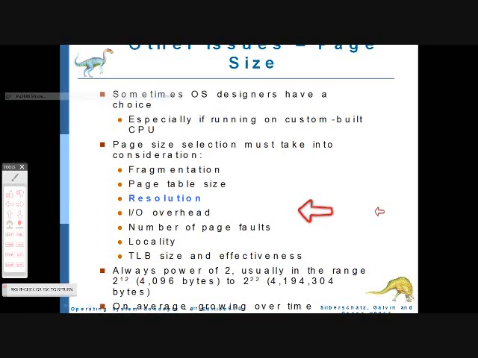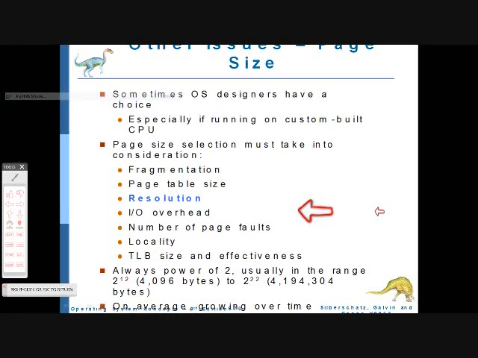When you increase the page size, the I/O overhead will lessen, because I/O overhead means how much transfer time is necessary for a page to be transferred from the hard disk drive or the logical memory to the physical memory. So, based on the book, if there is a great page size involved, the I/O overhead is very minimal.